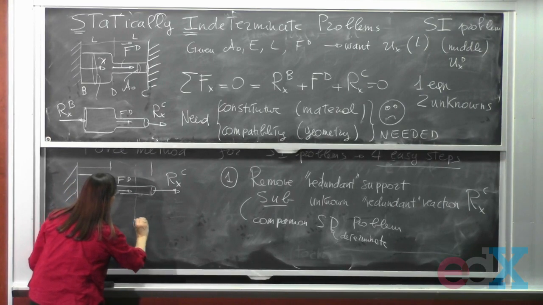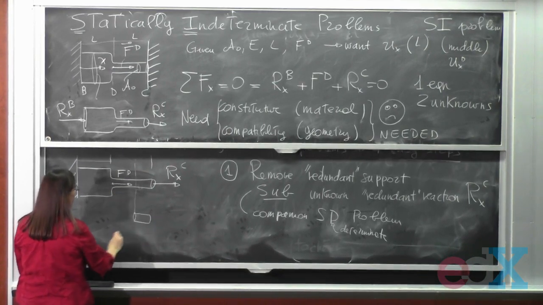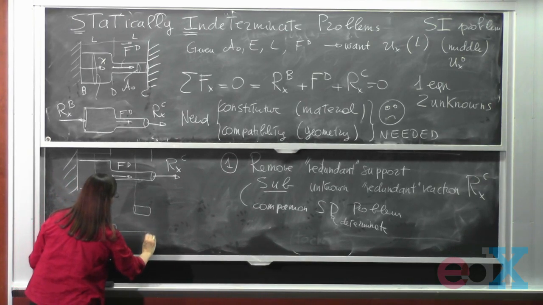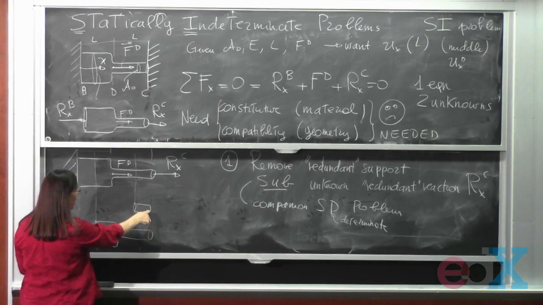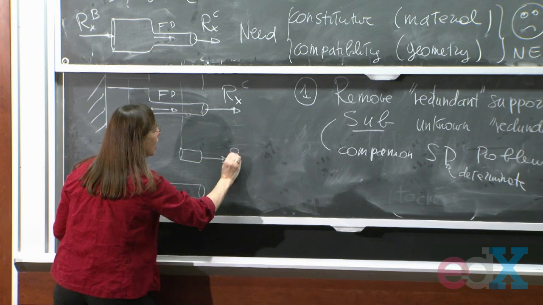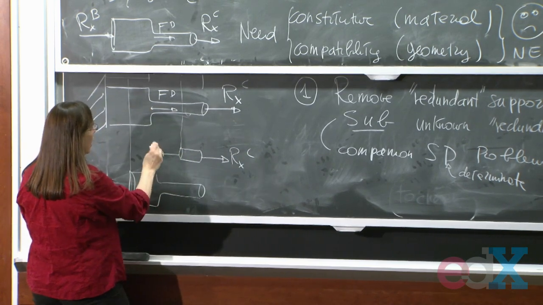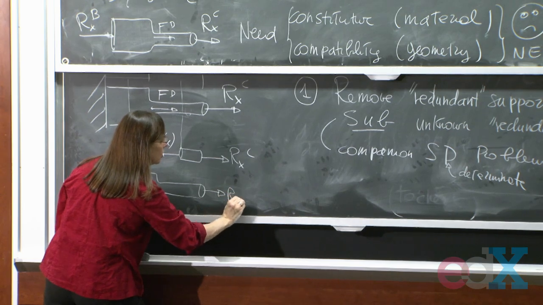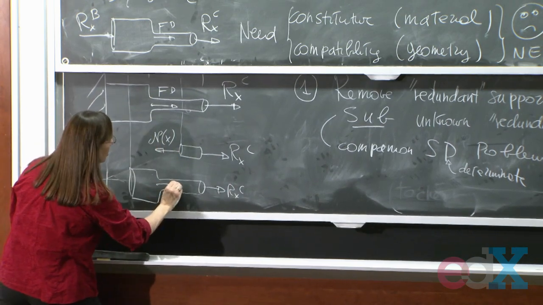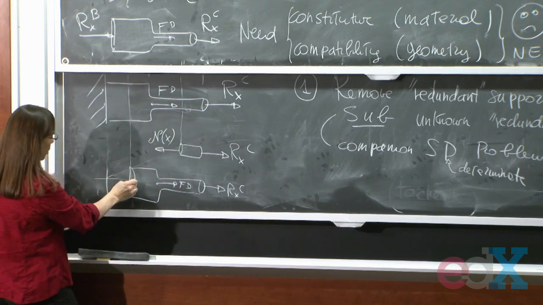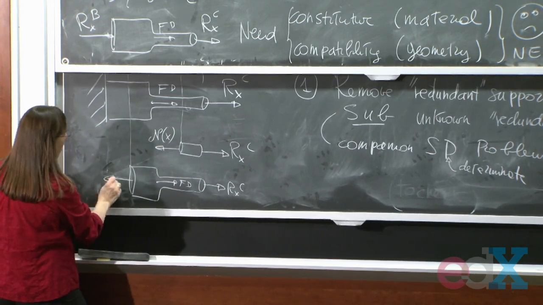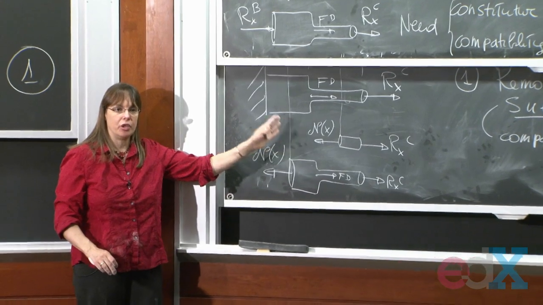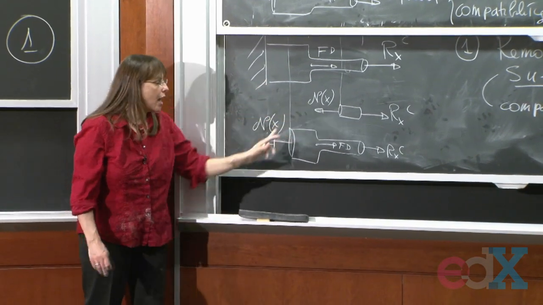I'm going to cut it for X greater than L, and I'm going to cut it for X less than L. If I cut here, the only thing that I see is RXC and N of X. If I cut here, I see RXC, I see FD, and of course, where I cut, I have N of X, right? So this is me cutting the bar for the statically determinate problem to determine N of X.